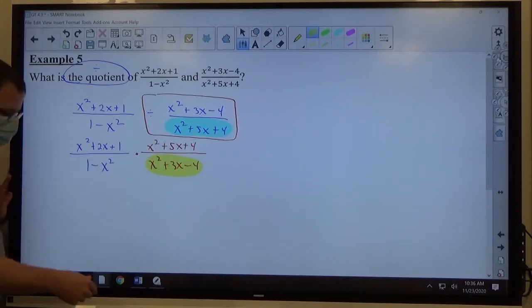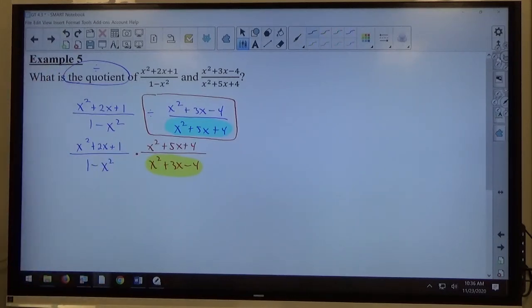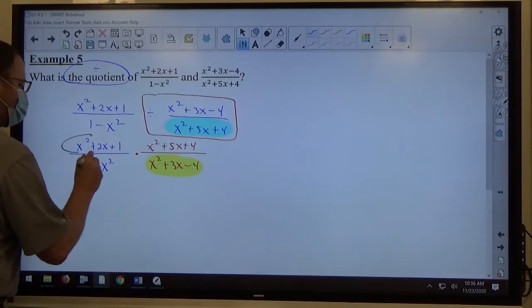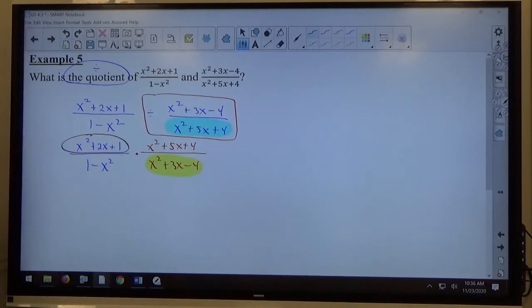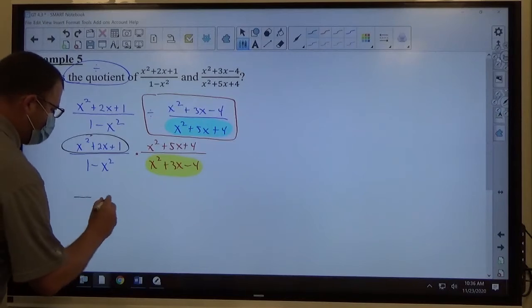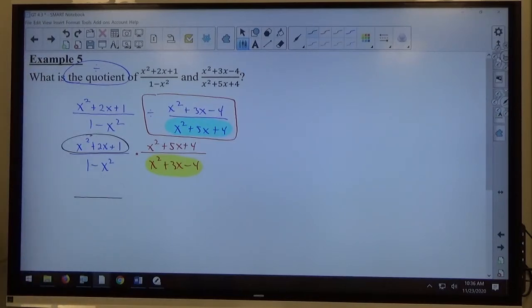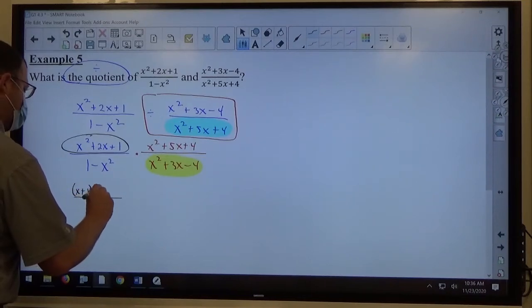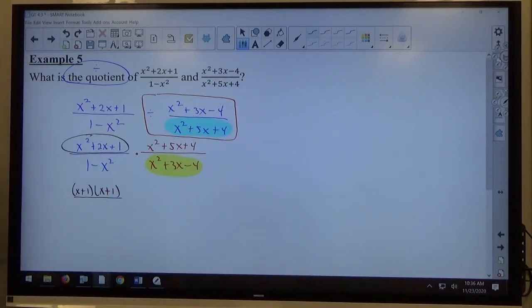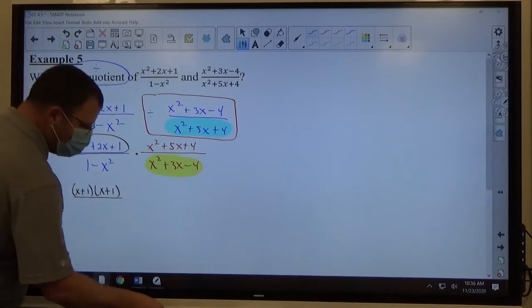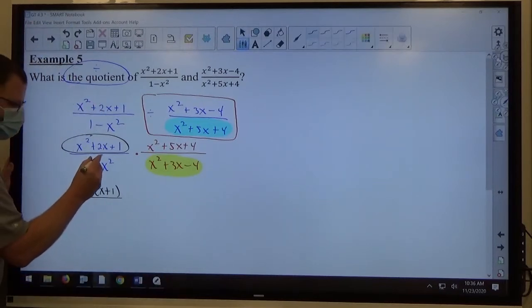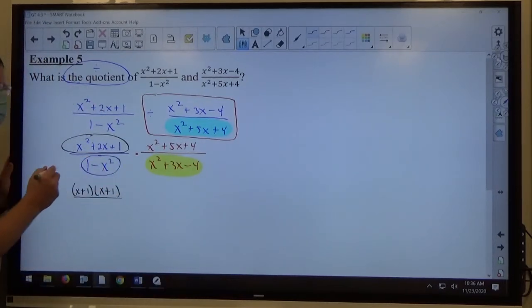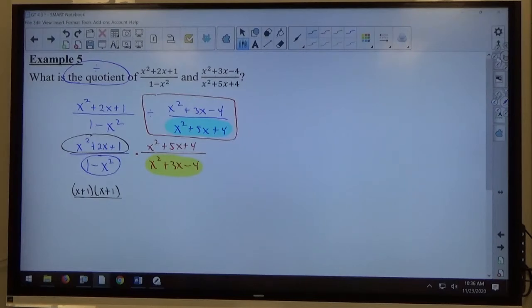I want to factor my quadratics. If I start with x squared plus 2x plus 1, that's just a simple quadratic trinomial. We're looking for factors of 1 that add to make 2. Those numbers be 1 and 1. So x squared plus 2x plus 1 is x plus 1 times x plus 1. The bottom is a binomial structure, so we have three possibilities for binomials other than the greatest common factor.